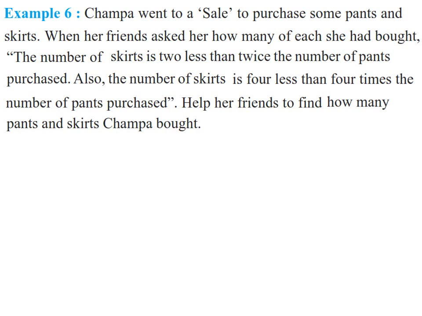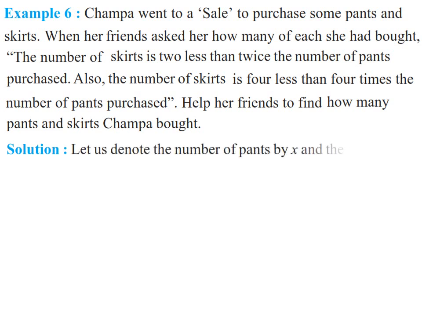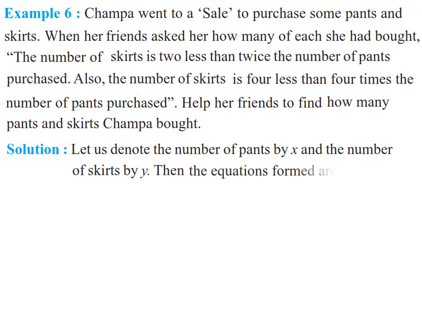So we have to find a graphical solution for it. First of all we have to create the equations from the word problem. Let us assume the number of pants is x and the number of skirts is y. Now the equations formed by the given conditions. The first relation is that skirts equal 2 times the pants minus 2, because 2 less than 2 times.